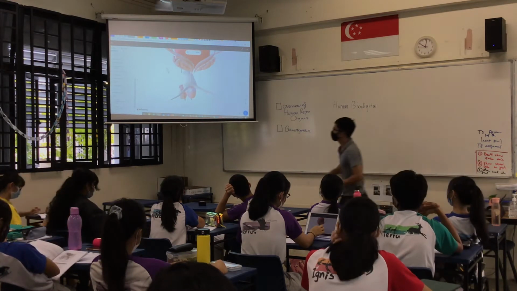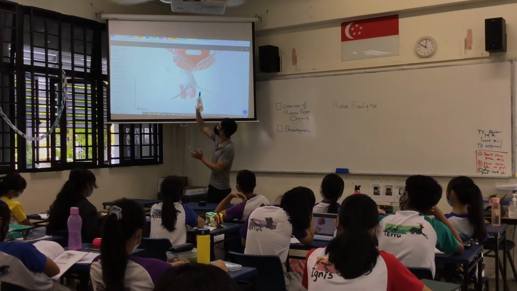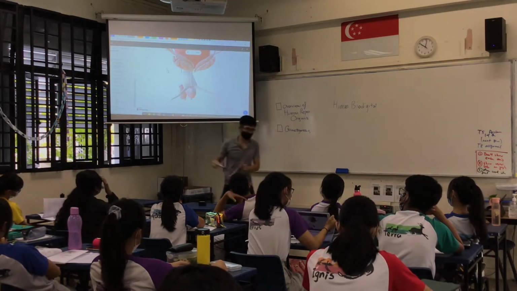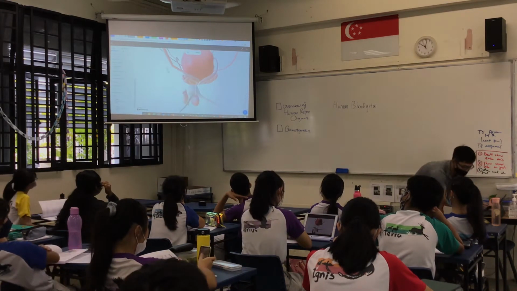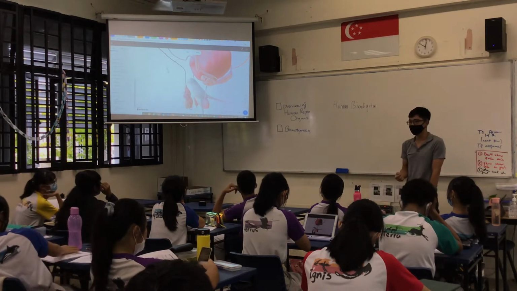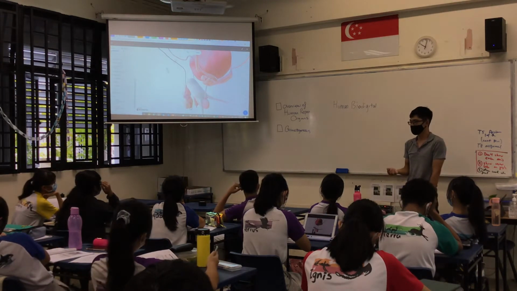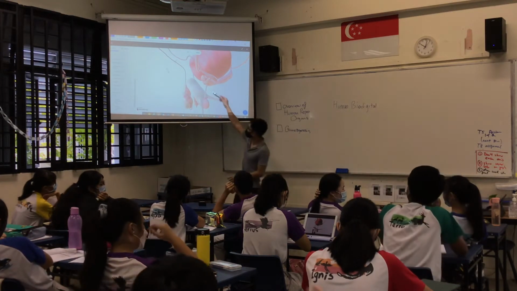So the vas deferens loops behind the urethra and connects to it. That also means that for males, the sperm and urine take the same path out. Make sense? From the urethra.